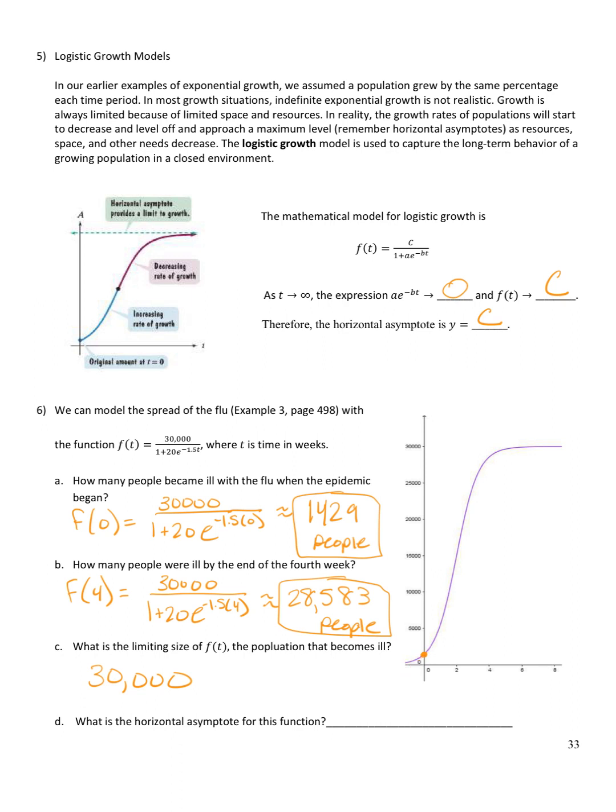And then f of 4, if I go up to my graph at x equals 4, t equals 4, it's about right here. That definitely looks like it could be at 28,583. And then my asymptote, when I look at the graph, does look like it's at 30,000.